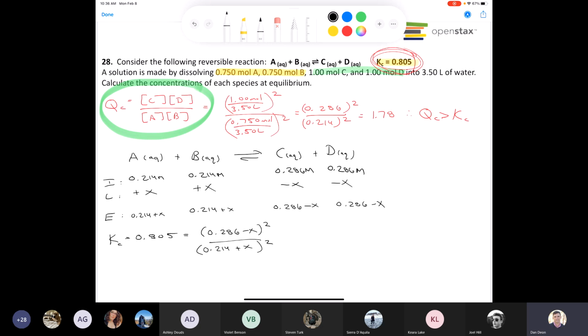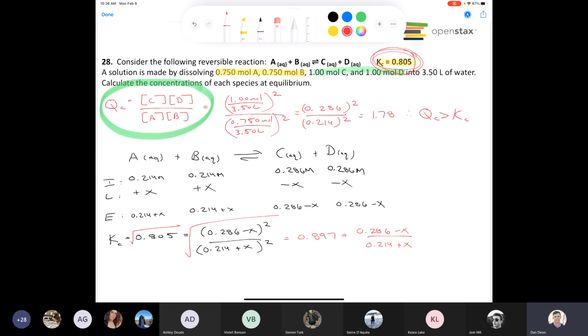Exactly. Thanks, Violet. So Violet says you can take the square root of both sides. So if we take the square root of this side and the square root of this side, then you get the square root of 0.805. Where's my square root button? There we go. So you end up with 0.897 is equal to 0.286 minus x divided by 0.214 plus x, right?